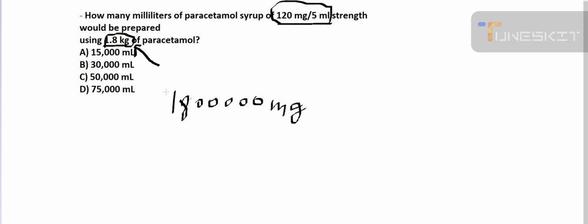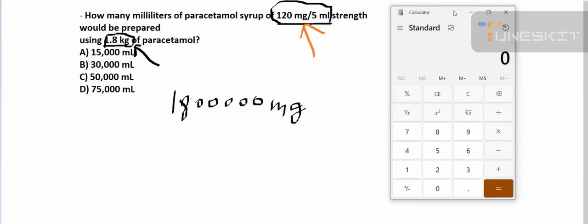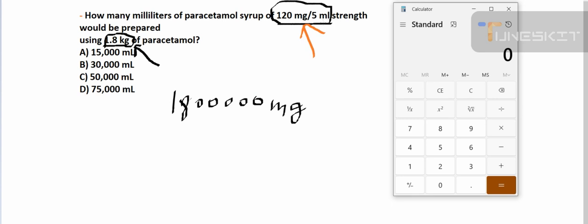Okay, after conversion we have to see this value. It means 5 ml contains 120 mg. So when we divide this, we will get how many mg 1 ml contains.